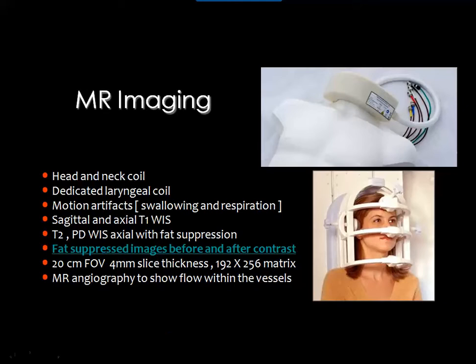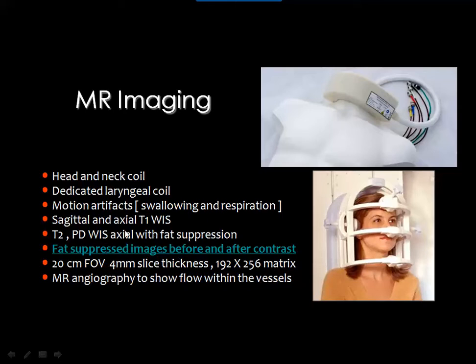By MRI, we use the head and neck coil. Sometimes we use the superficial coil, which is dedicated for the larynx, and this is better for giving more laryngeal details. We use the T1 and T2 weighted images in the axial plane mainly.